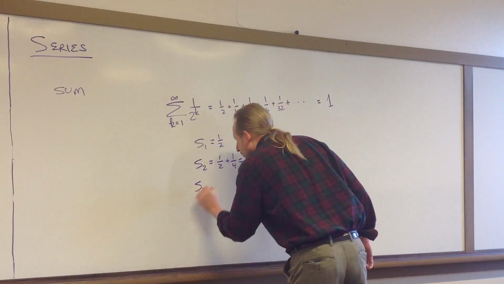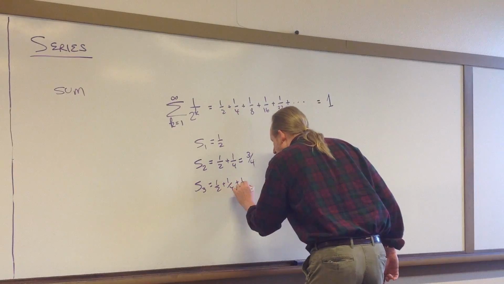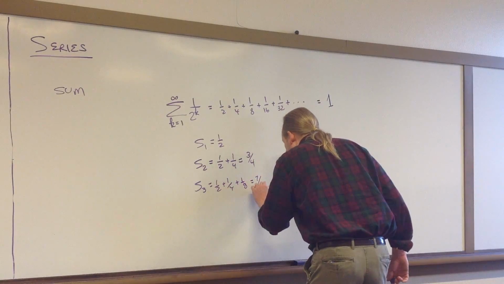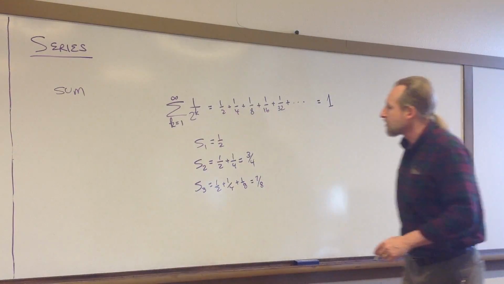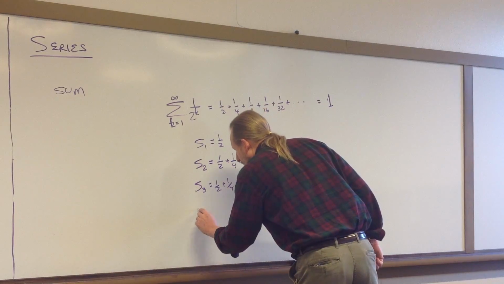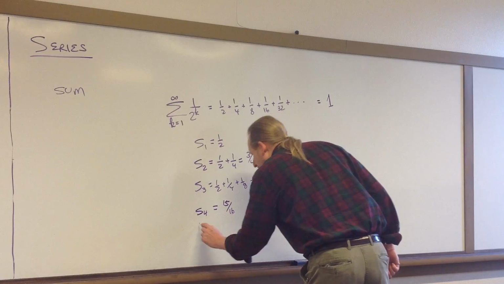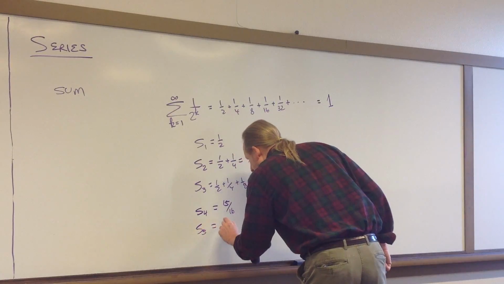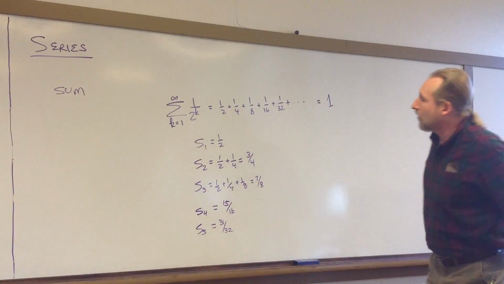The third partial sum is the first 3, and so on. You can see how this is getting closer and closer to 1. S4 is going to be 15 over 16. S5 is going to be 31 over 32, and so on.